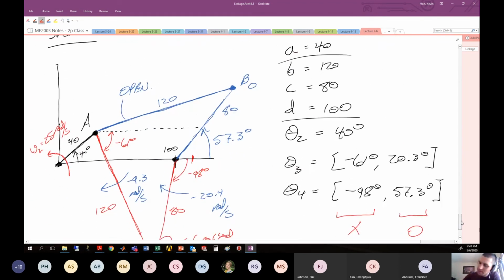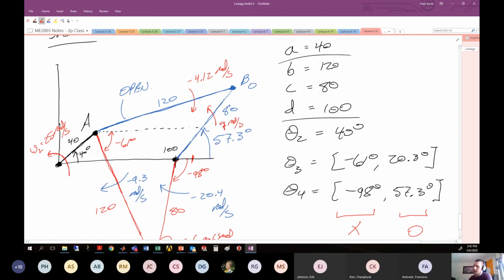Omega 3 is negative 4.12, so this guy has an angular velocity in this direction of negative 4.12 radians per second. Maybe I could believe that is happening. And then the other link is omega 4, which is positive 7, so this guy is rotating in this general direction at 7 radians per second.